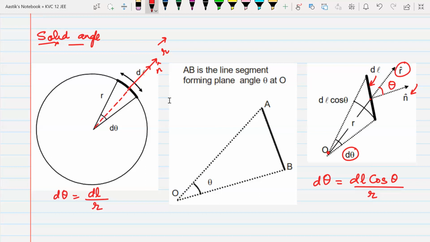Shall we move ahead? Yes, sir. Boys, everyone is done? No, sir. Okay, you are noting it down? Okay, note it down.